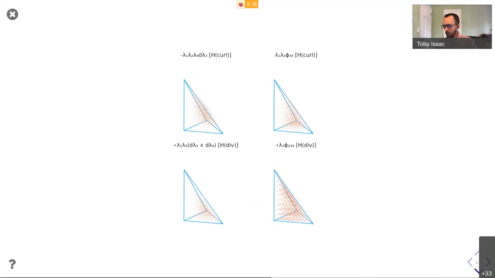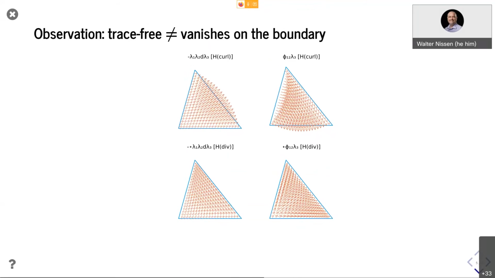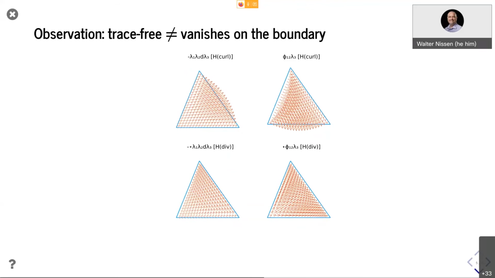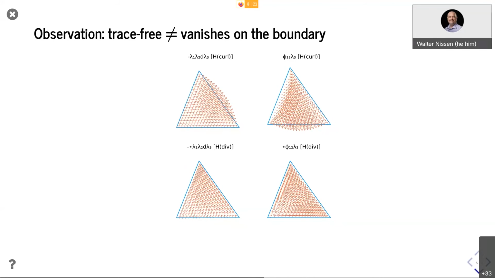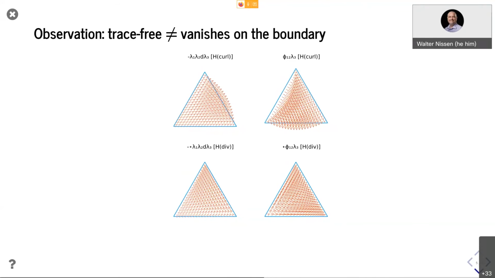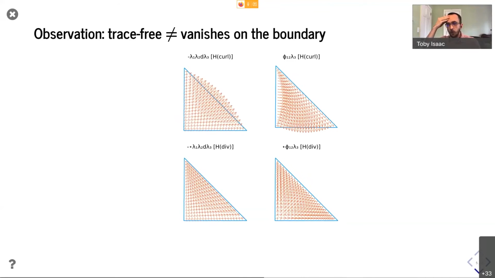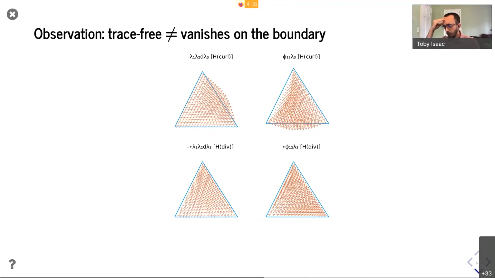Excuse me, Toby. This is Nathan at Lawrence Livermore. I just want to say, first of all, these visualizations are so incredibly helpful, at least for me, at understanding what's going on inside this element. So thank you for that. And also, how do you make them? They're great. So this is a Julia notebook. So this is all Julia plots.